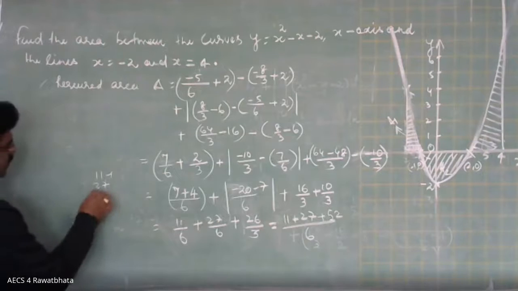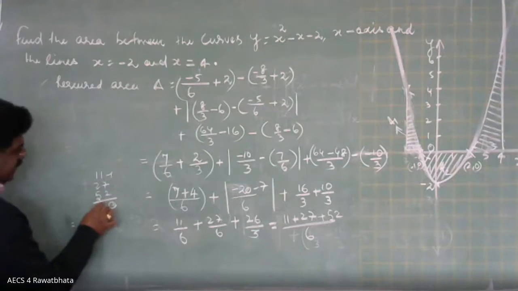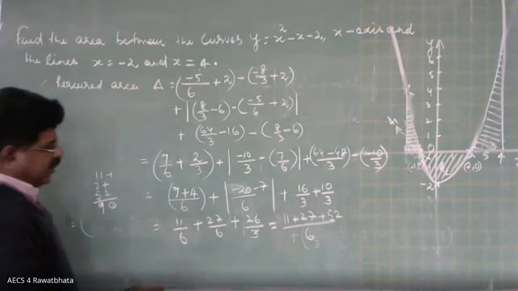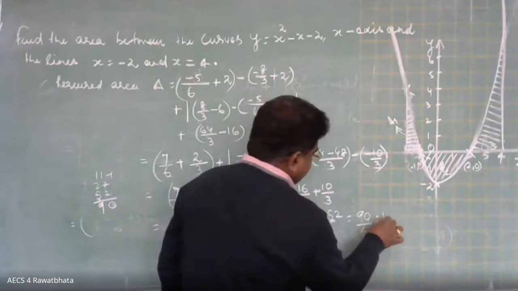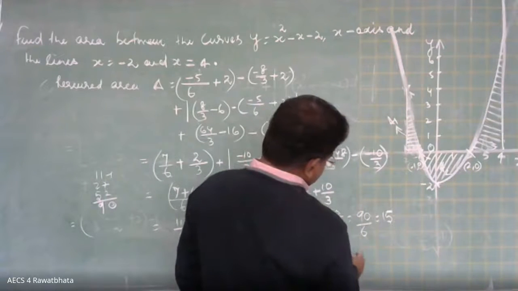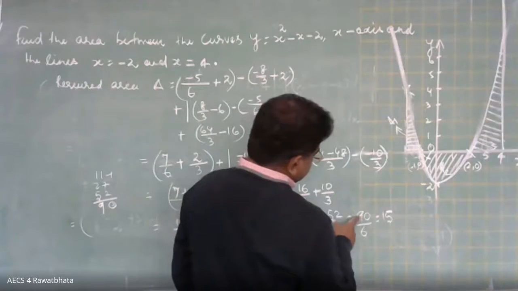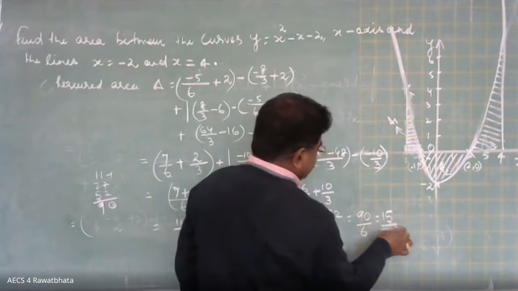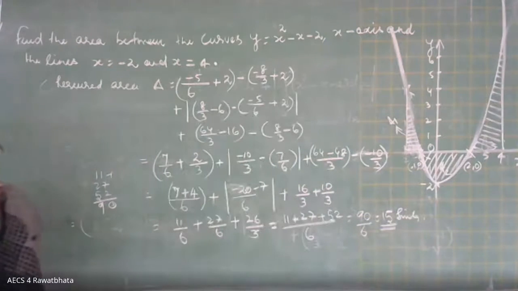So 52, that means here 0 and here 90. So 90 by 6, that is 15 square units.